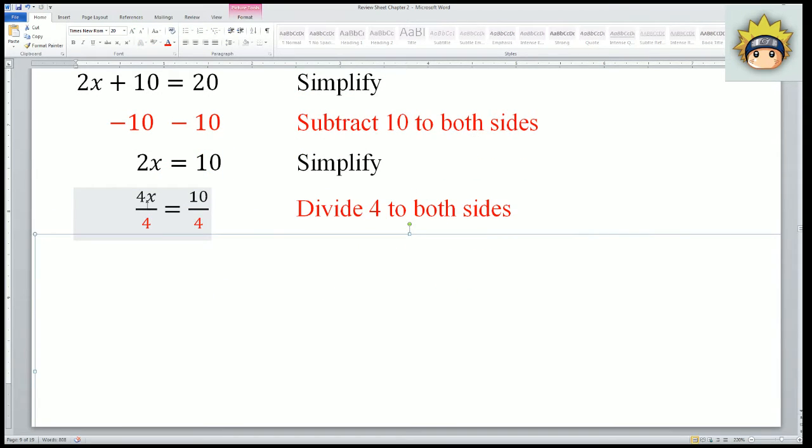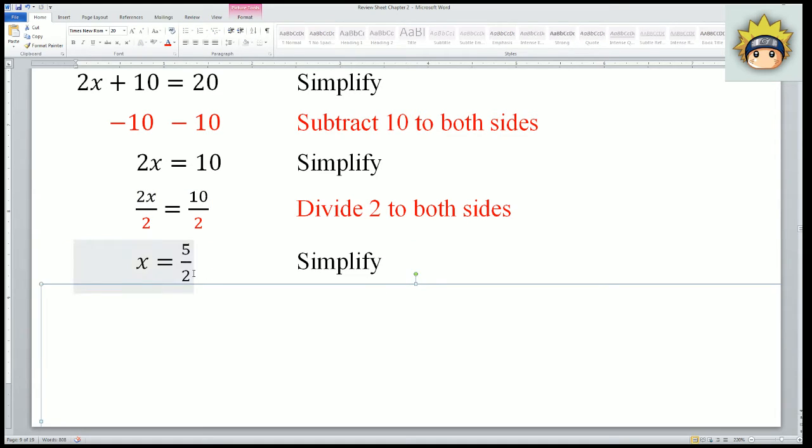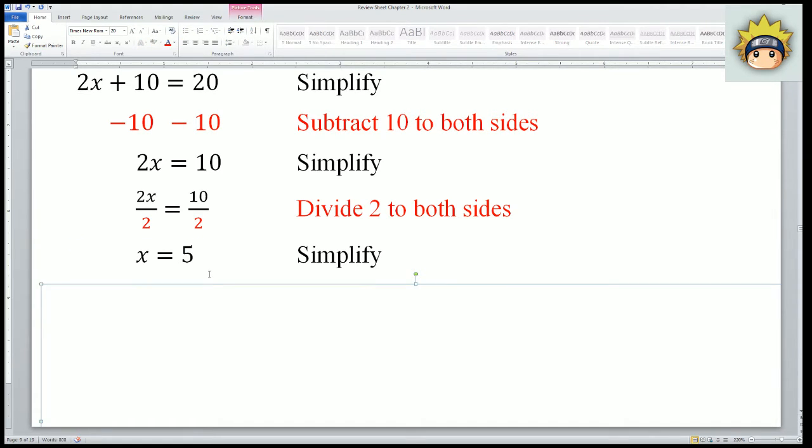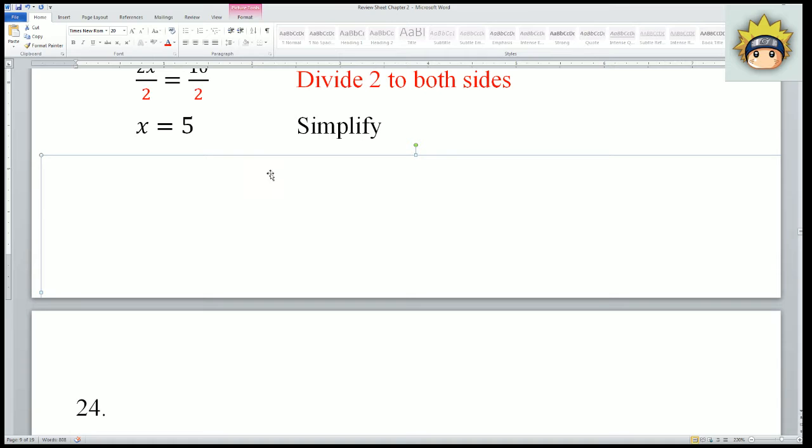Next part, I have to divide by 2 to both sides, not 4. The reason I divide by 2 to both sides is I'm trying to get rid of this multiply by 2. The left-hand side just becomes x, and the right-hand side just becomes 5. 10 divided by 2 is just 5.